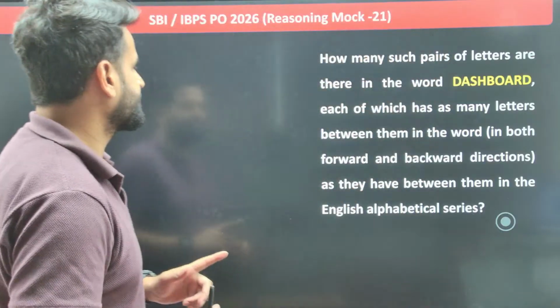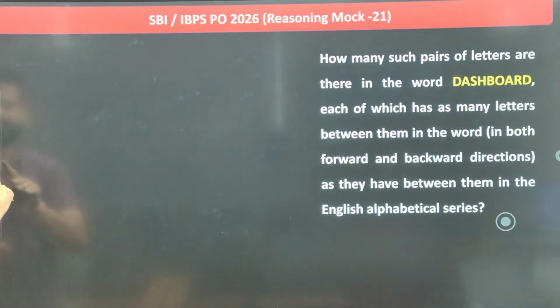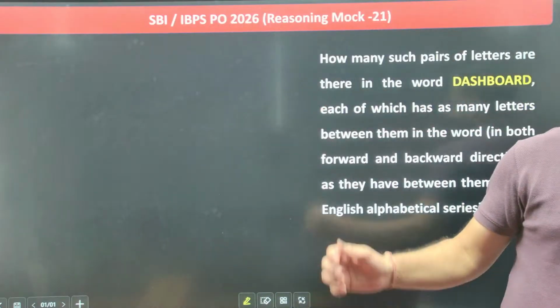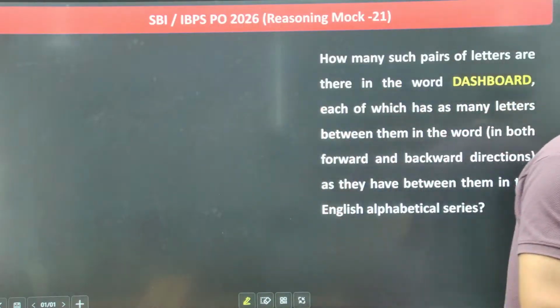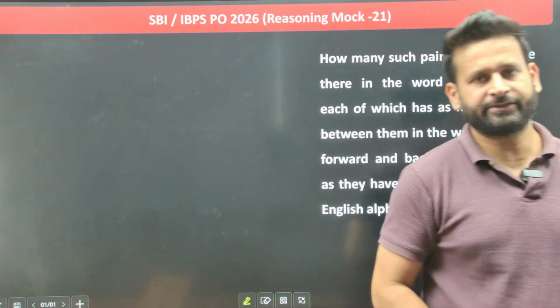Moving forward, the initial 2, 3 questions are going to be based on pair finding, because in your prelims examination definitely one question, either word based or number based, will be asked to you from this alphabet test topic. So how many pairs of letters can you see, both in forward and in backward direction?